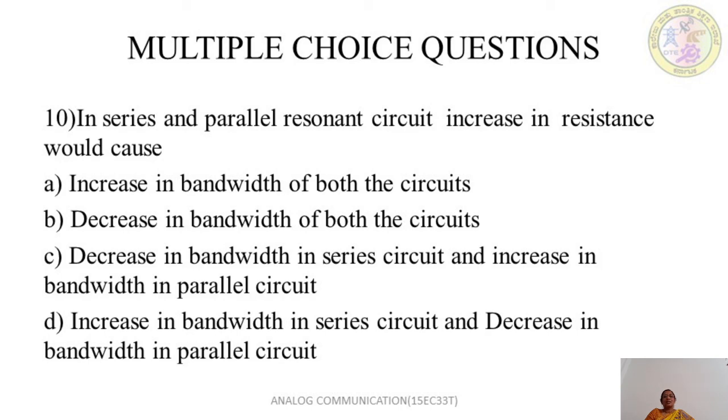The answer is increase in bandwidth of both the circuits. That is, in series and parallel resonant circuit, increase in resistance value would cause increase in bandwidth of both the circuits.